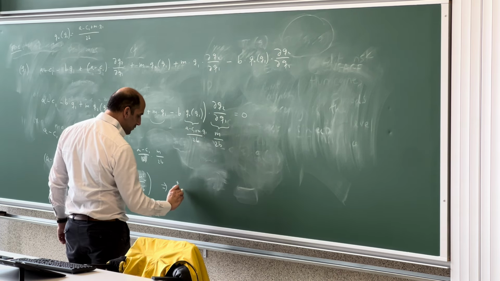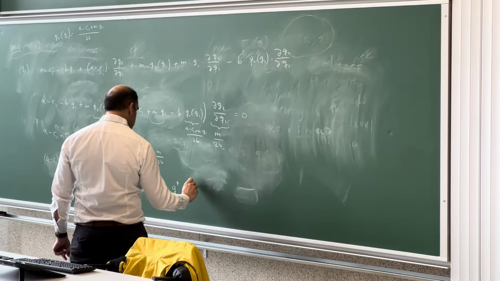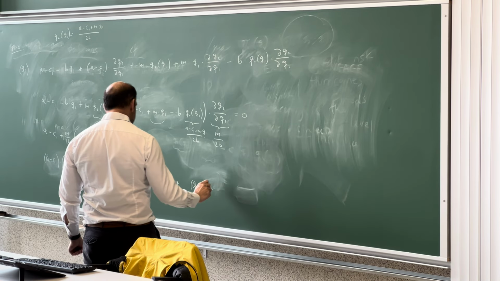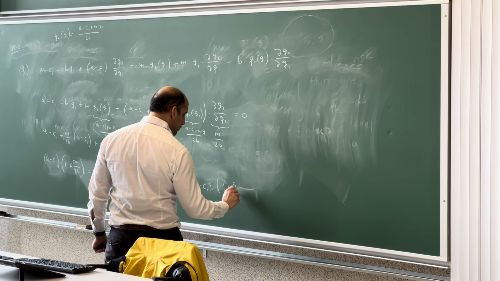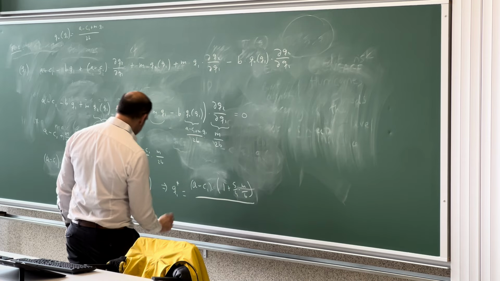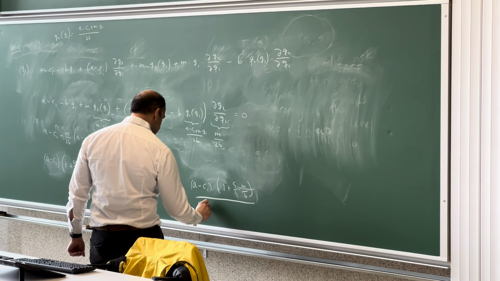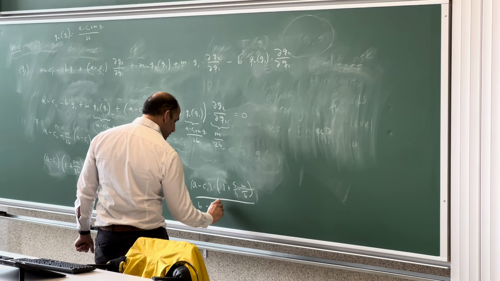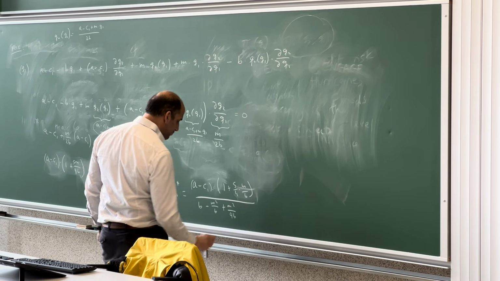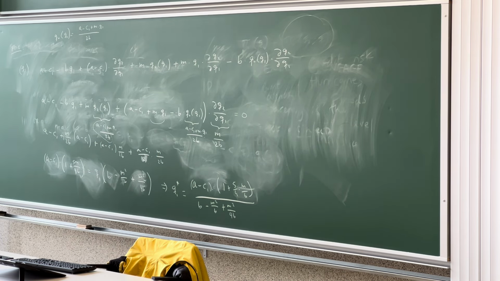Q1 social planner is equal to A1 C1 times 1 plus 5 fourths times M over B, minus M squared over B plus M squared over 4B. And I don't think I forgot anything. I think this is it.